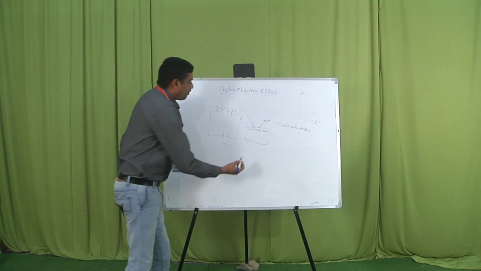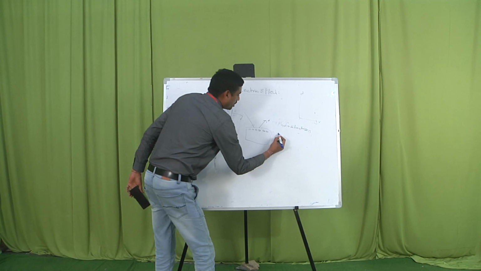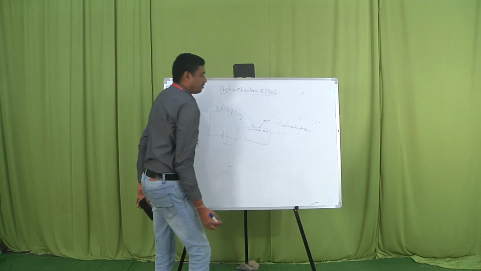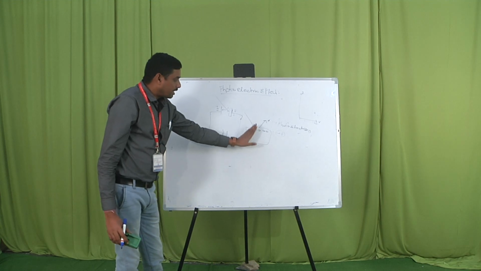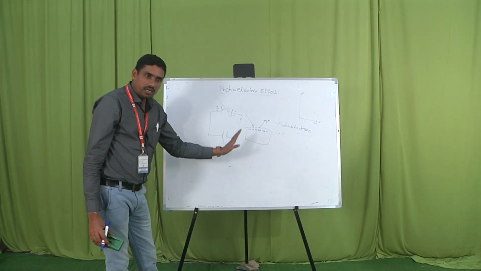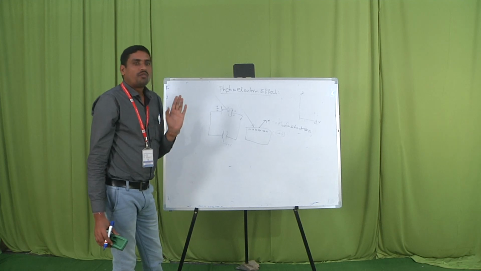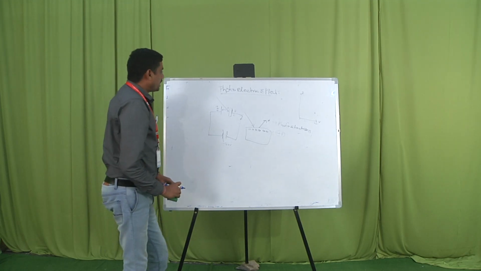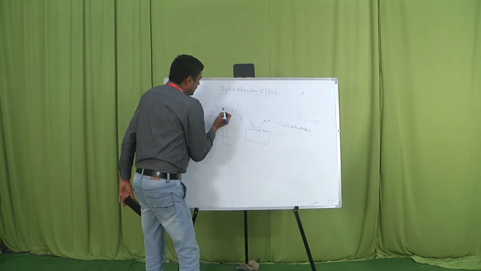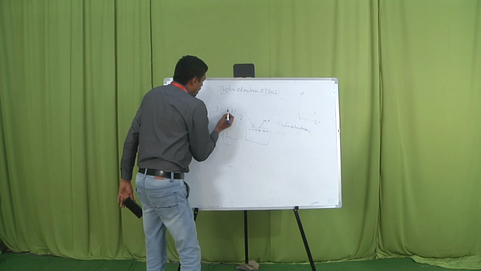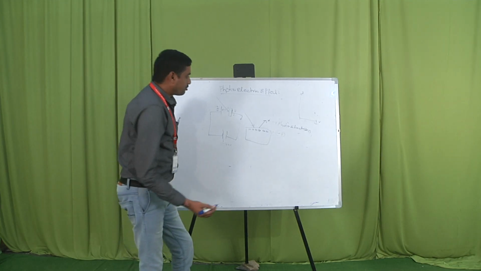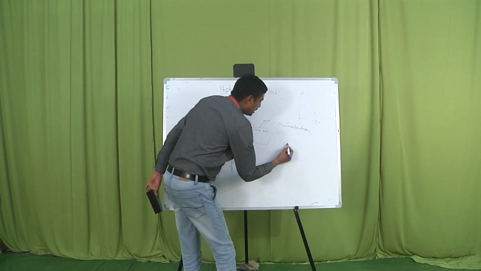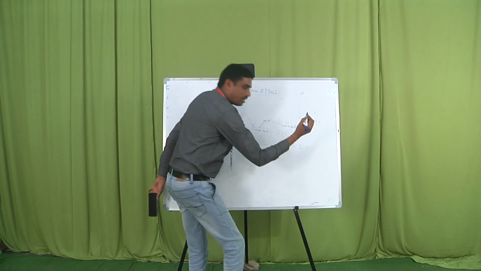We have one more basic thing to define: work function. Work function is the minimum energy needed for the electron to come out. Here also, when light is incident, electrons are not coming from this plate. In the older theories, they thought the kinetic energy is proportional to the intensity of the incident light.